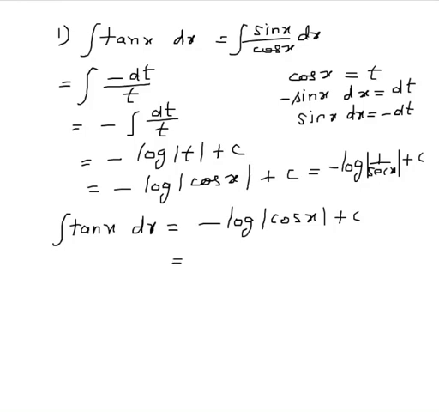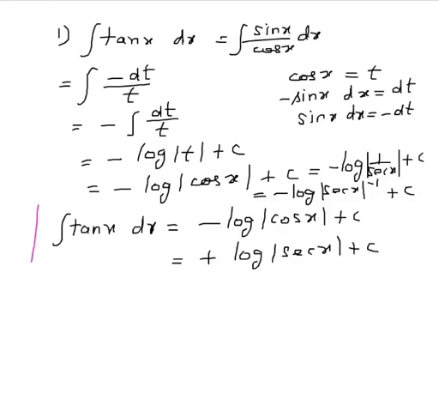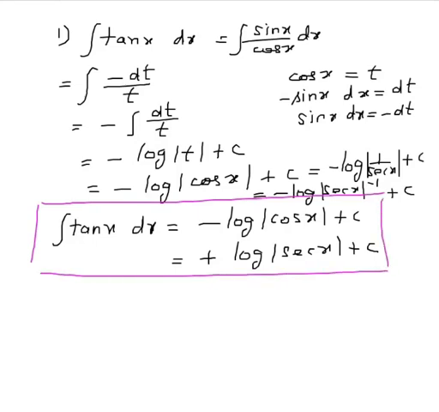So it becomes minus log of secant x whole power minus 1, and bring this minus 1 to this side, use the logarithmic rule. So it becomes minus into minus is plus log of secant x plus c. This is the formula for integral of tan x.